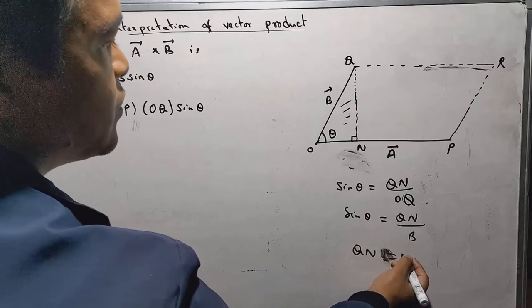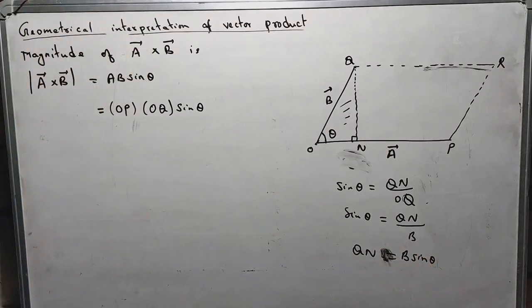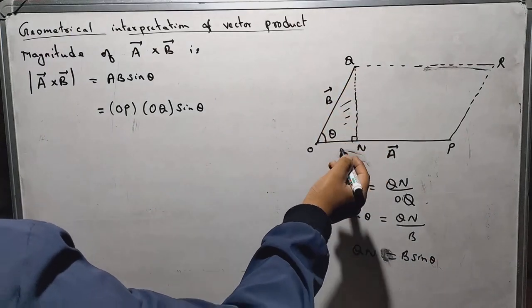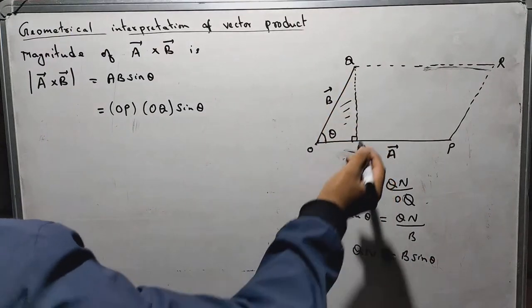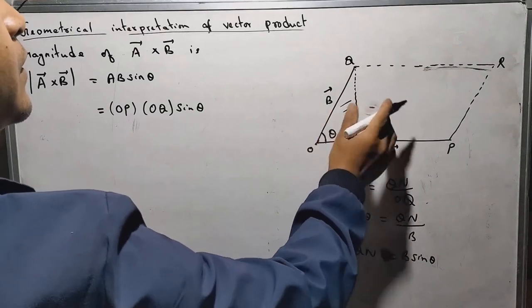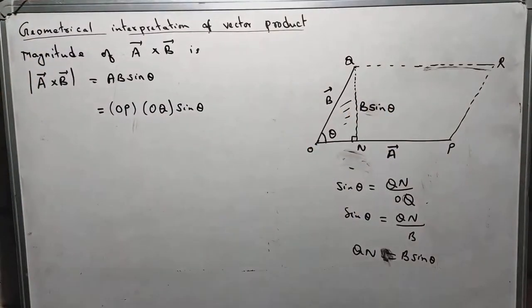QN is equal to B sine theta. So instead of this QN, I will write B sine theta.